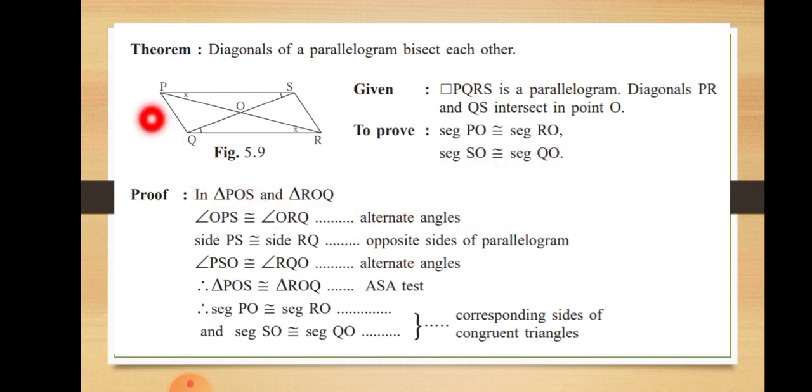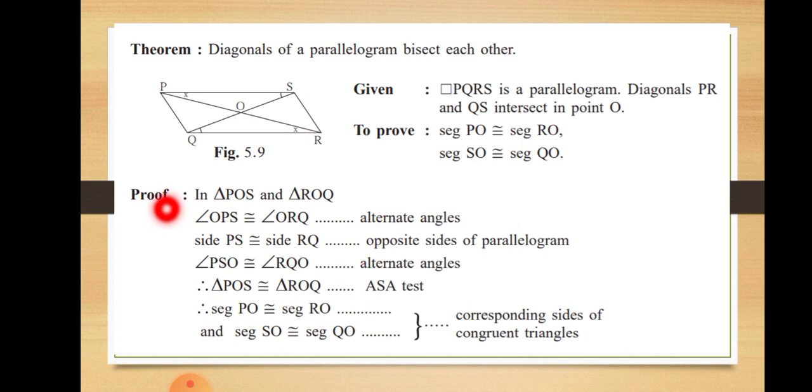Now here we have two triangles, triangle PSO and triangle RQO. As we know, in a parallelogram PS is congruent with QR, as well as PS is parallel with QR, and hence these two lines are parallel with each other.